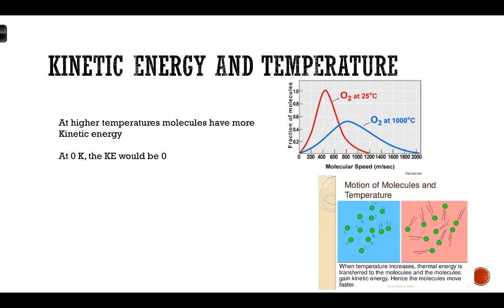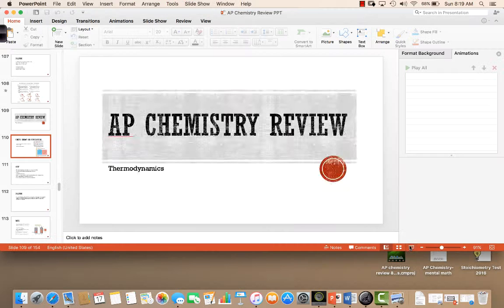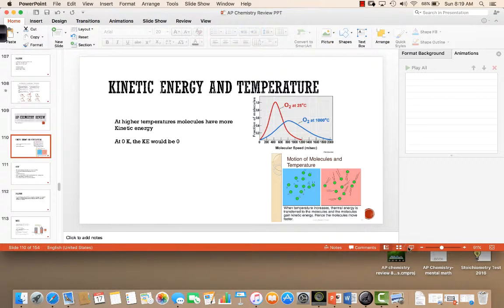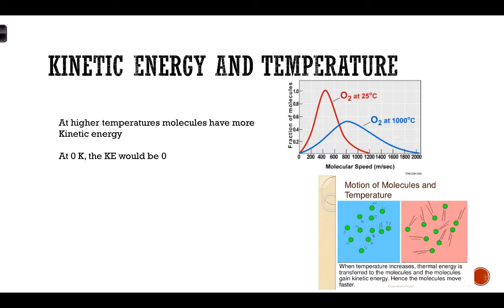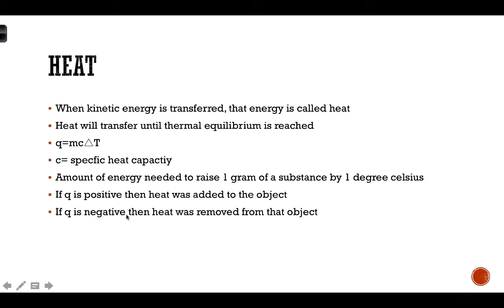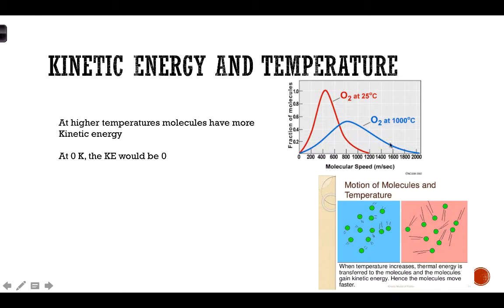Alright, so when we talk about kinetic energy and temperature, at a higher temperature you're going to have more kinetic energy. So if we're looking at this chart right here, remember you're going to look at the peak because it's showing all of the molecules, the range of speeds that they could have here, but you're going to look at the peak.